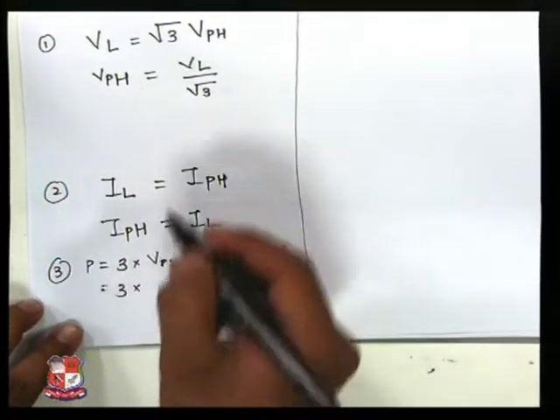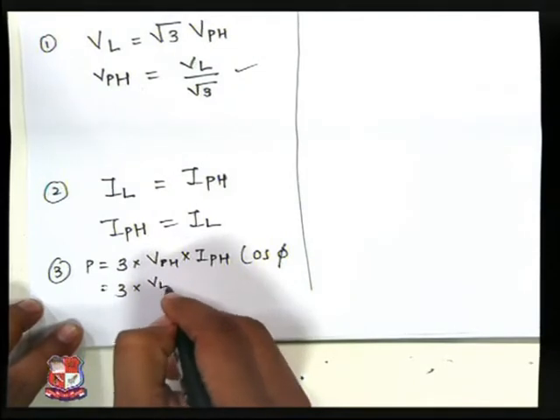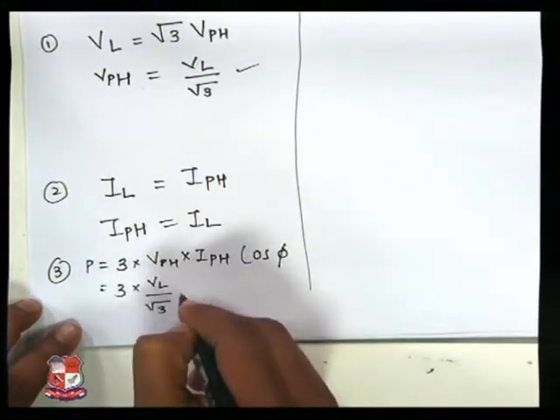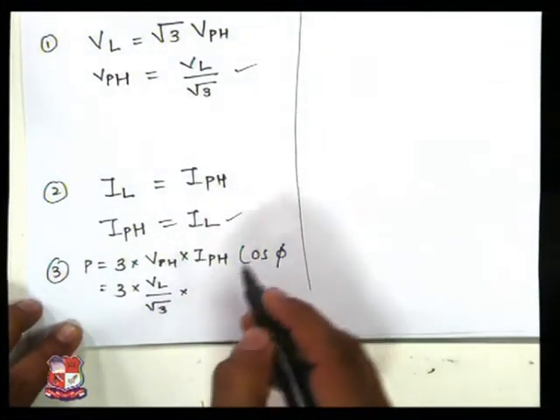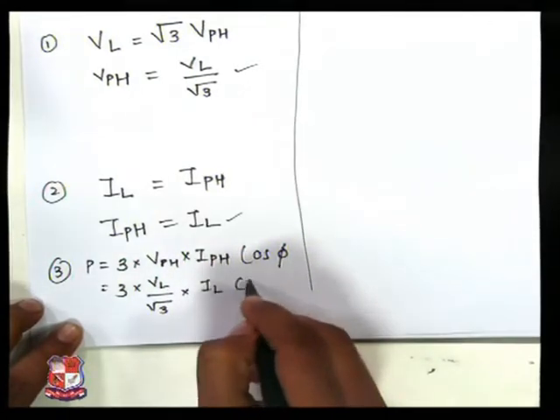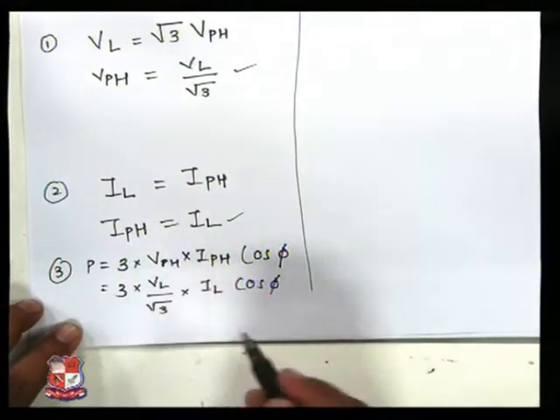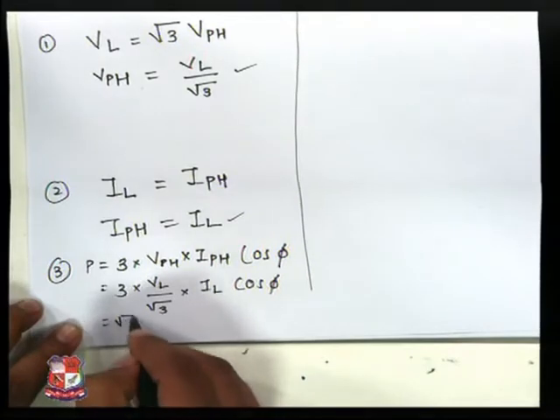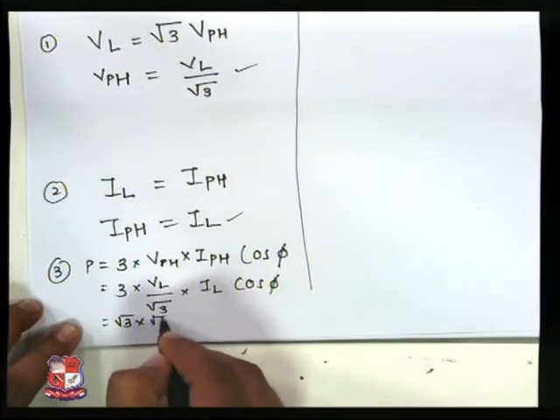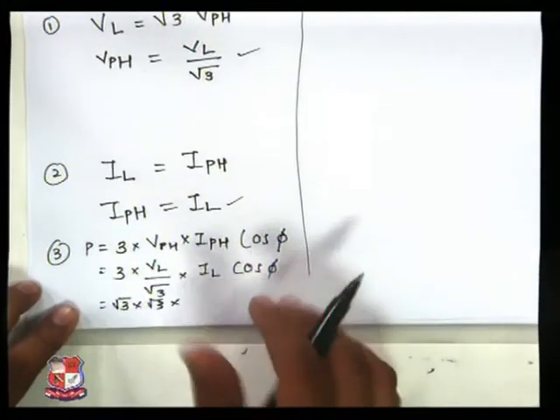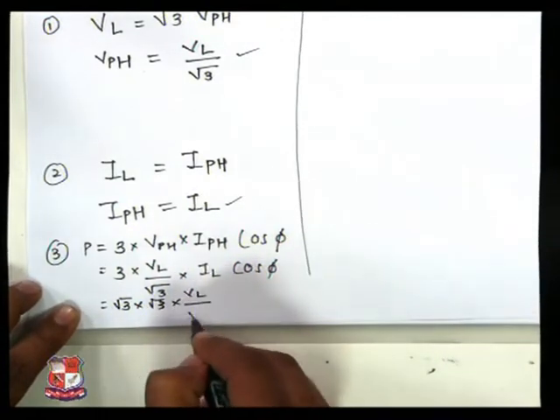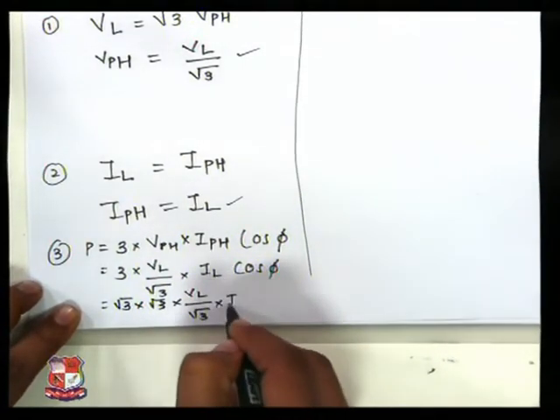VPH is what for us? That is VL upon root 3. IPH is what? That is IL, and it's cos phi. Now 3 can be written as root 3 into root 3. Now VL by root 3 into IL.